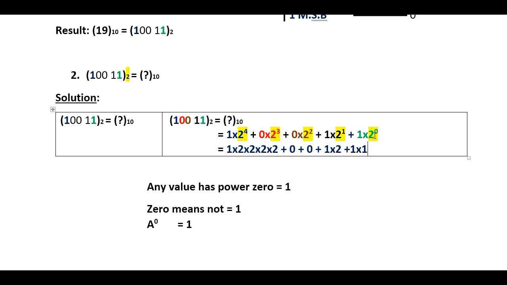I choose the same color. 1 cross 1. This one is the result of 2 to the power 0.